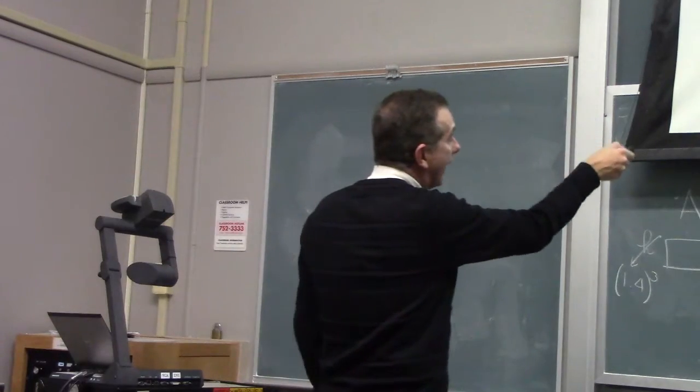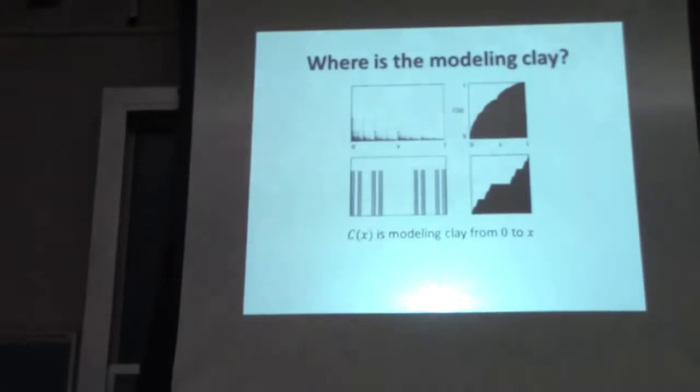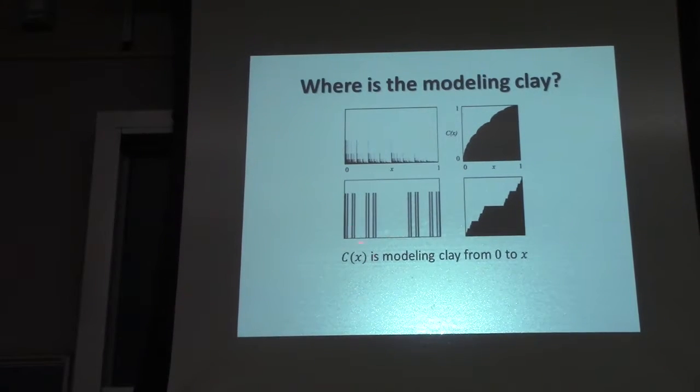And I'm going to define this quantity C of X, C for clay. So how much clay is there from 0, the beginning of the object, to X? Allow me to explain this again. From 0 to 1, in here, from 0 to 1, I changed the size of the scale so that it would be nice looking.